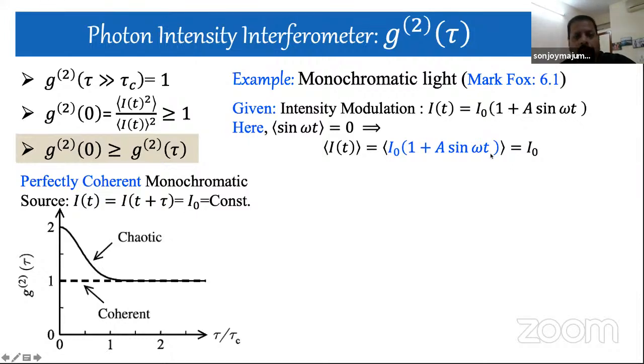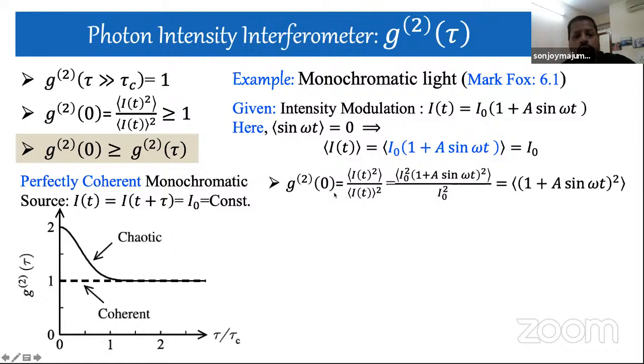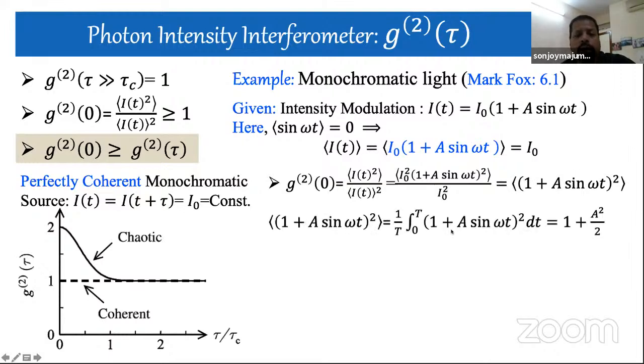If you calculate the G2 function, in the denominator you get the mean value squared, so it will be I0 squared. In the numerator you have the square of this quantity, whose time average you take. Since I0 can come out, it cancels, and you have the time average of this function, which turns out to be 1 plus a squared by 2.